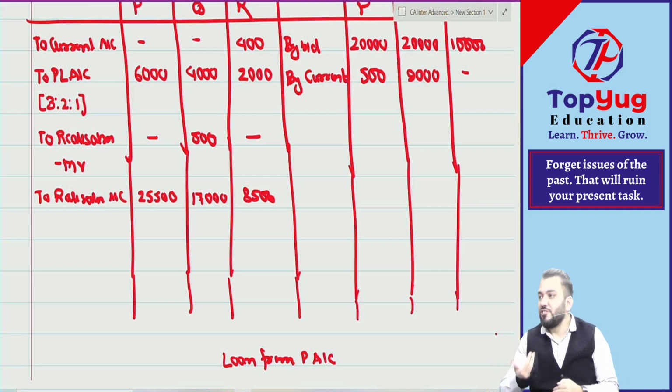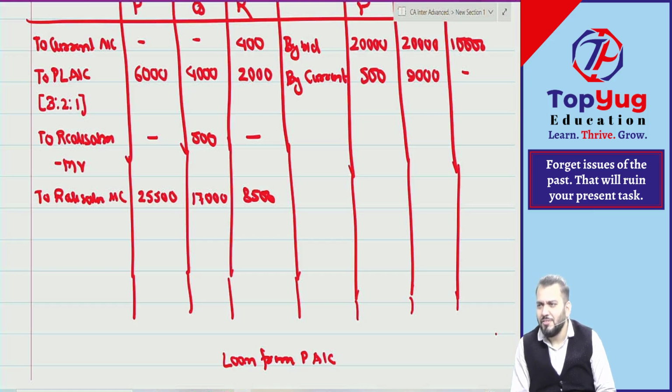So now distribution of cash among partners. We need to apply Garner versus Murray. What was the principal one?